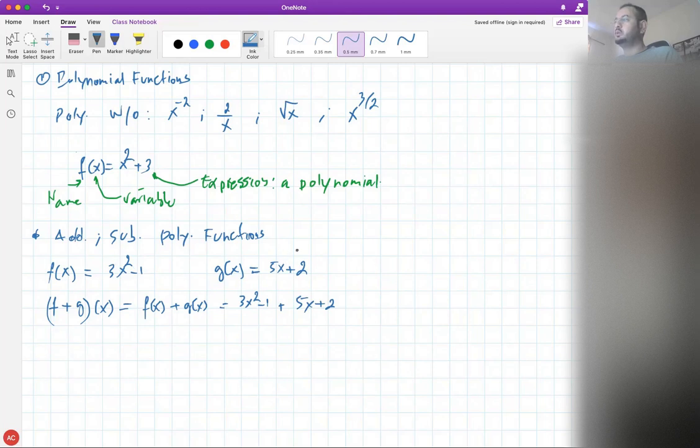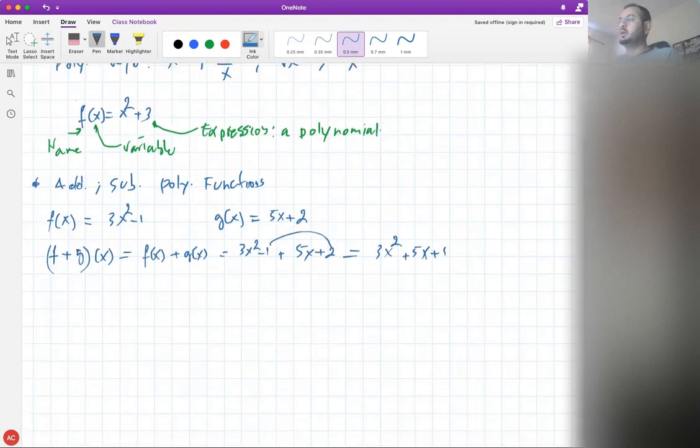Basically, we're just naming polynomials. We're giving them names, and that's all there is to it. And to add these, again, we combine like terms. So it's going to be 3x to the second plus 5x. We combine these two together, it'll be plus 1. So that's how simple it is to add two functions.